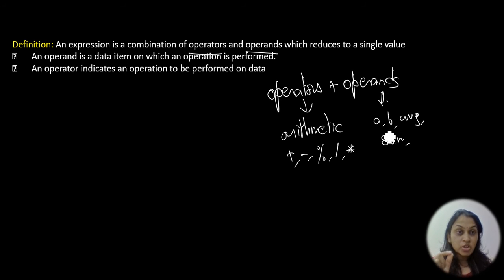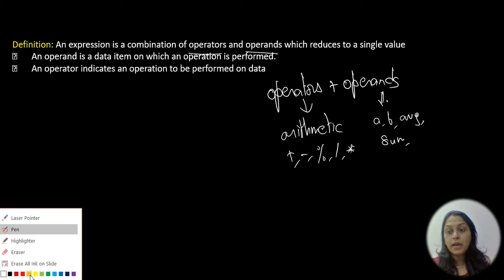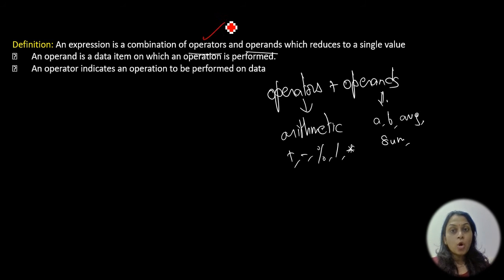For that memory location a name has to be assigned, and that is an operand, which holds the value. I hope you get clarity on what exactly the operator and the operand are. Operators perform operations, arithmetic calculations, and operands are variables which hold the values. So don't get confused between operator and operand.